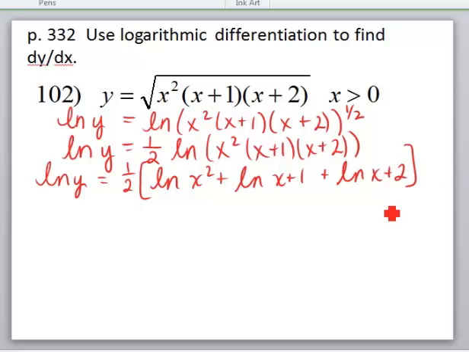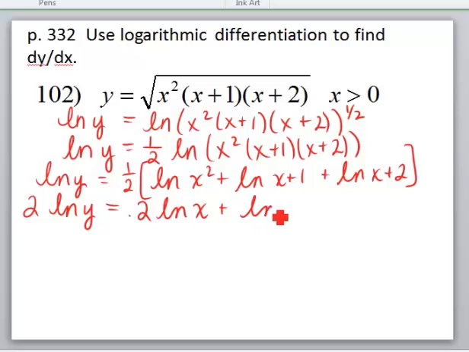This is going to make things a lot easier to find the derivative of. This is kind of in my way right now, so I'm going to bring this to the other side for a little while. So I have 2 ln y equals, I'm going to end up bringing this out front. So I've got 2 ln x plus ln x plus 1 plus the ln of x plus 2.